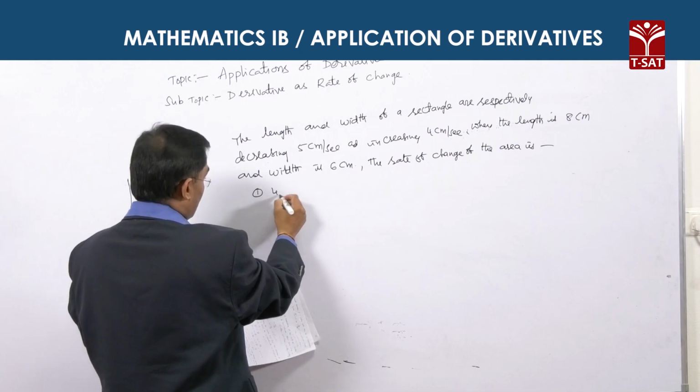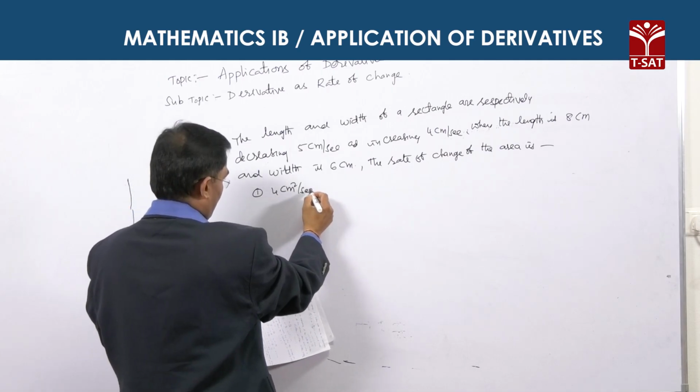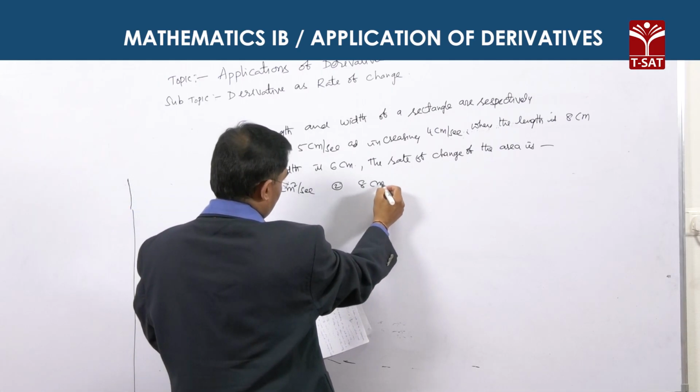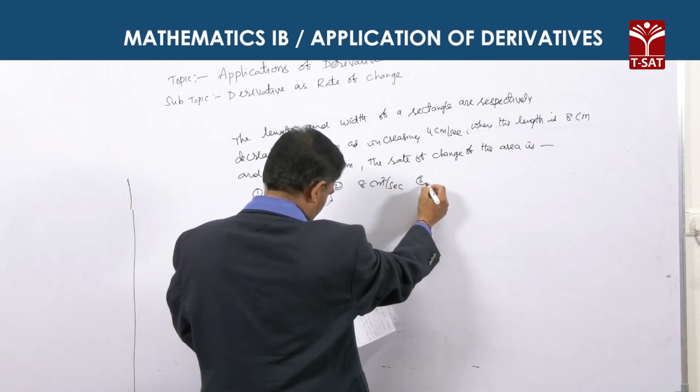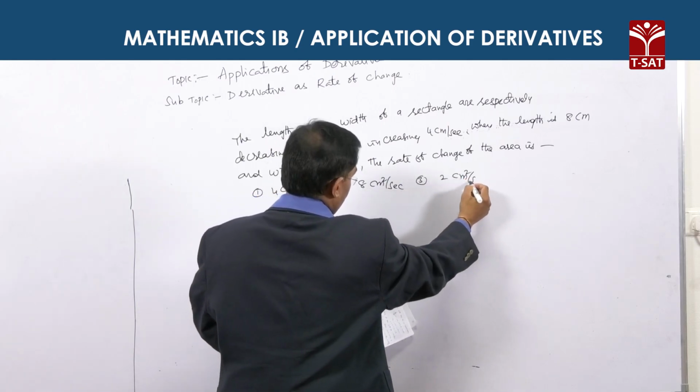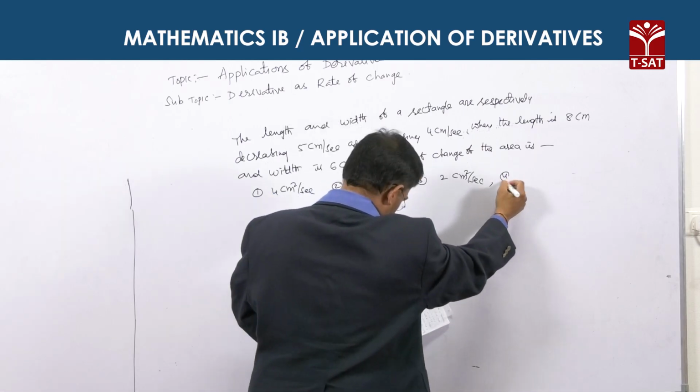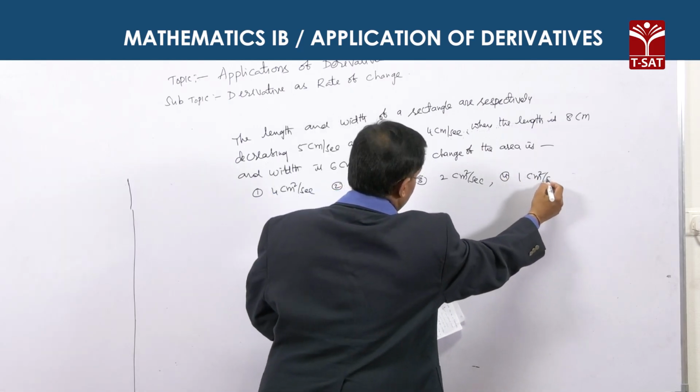First response is 4 centimeters square per second. Second response is 8 centimeters square per second. Third response is 2 centimeters square per second. And the fourth response is 1 centimeter square per second.